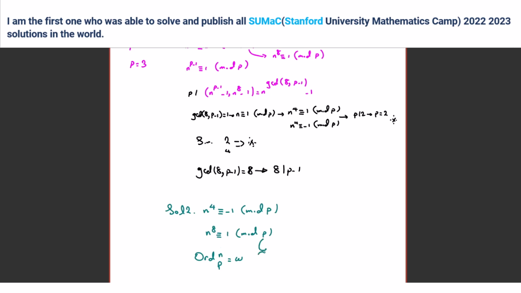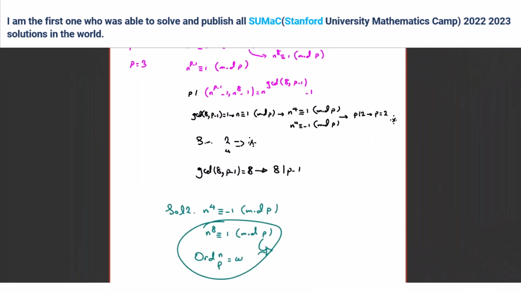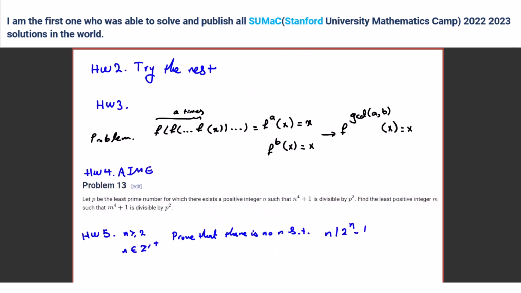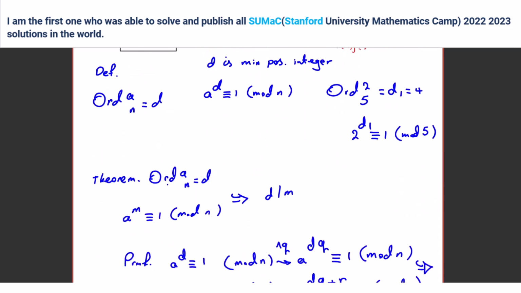Because of these two, what can we say about W? I told you last session a theorem about order. If the order of a mod n is d and a to the m is 1 mod n, then d divides m.